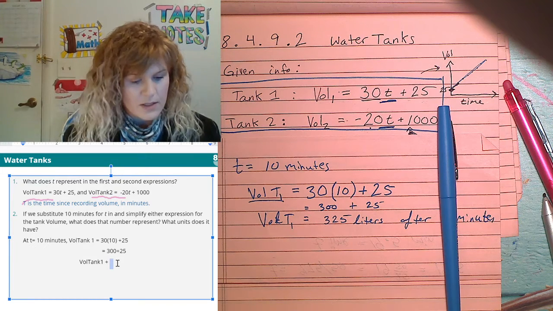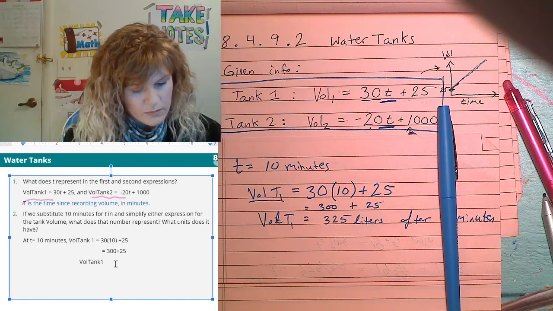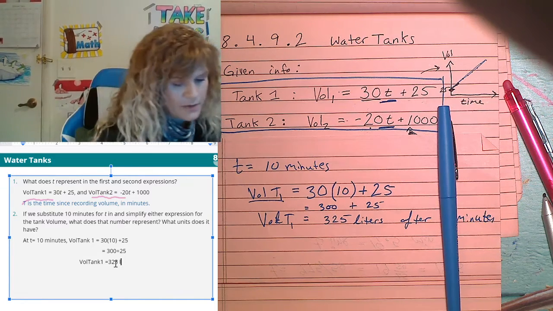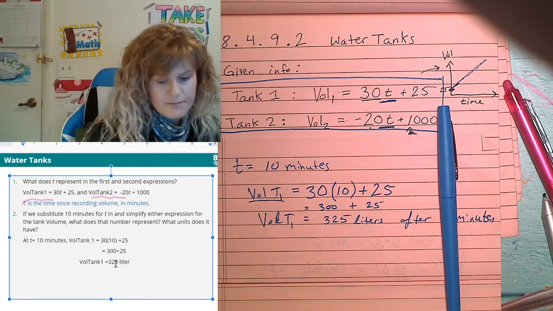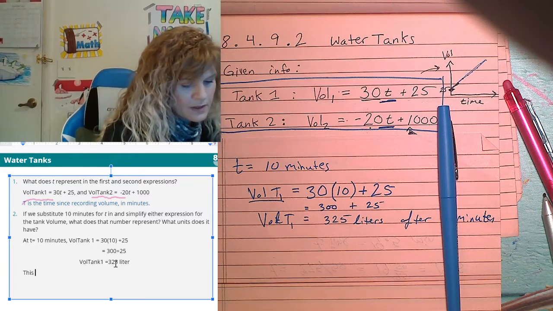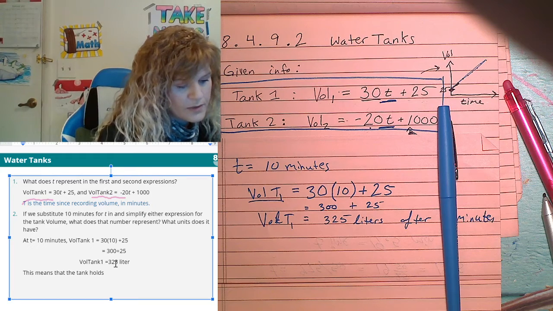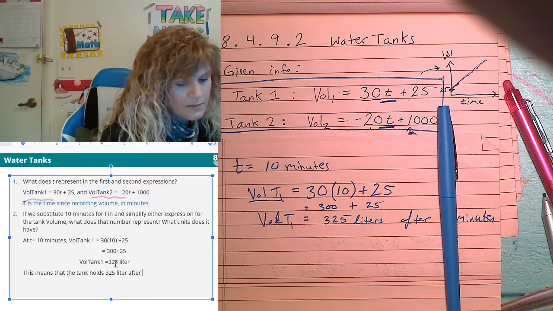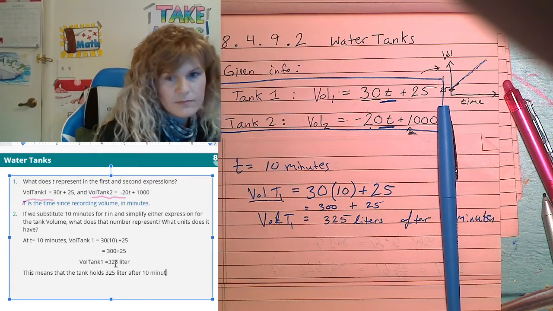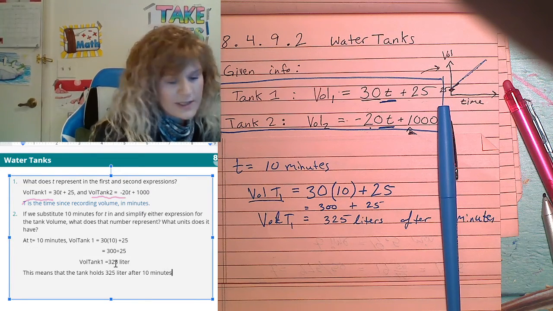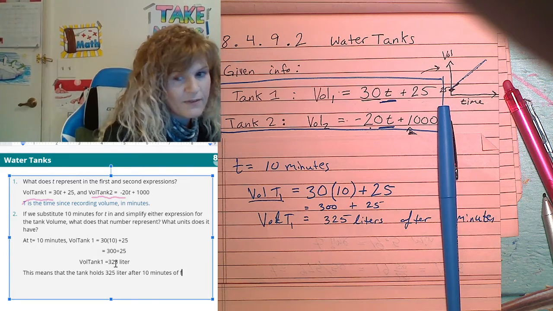Volume of tank 1 equals 325 liters. This means that the tank holds 325 liters after 10 minutes. And remember, for tank 1, it's filling. So I'm going to say 10 minutes of filling.